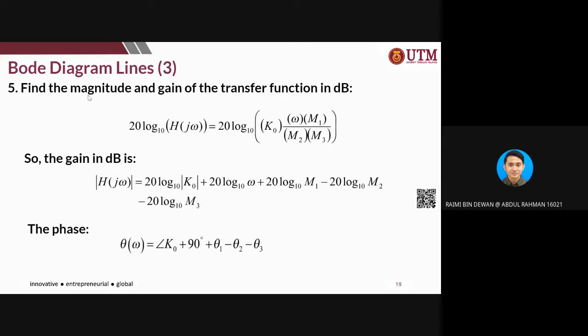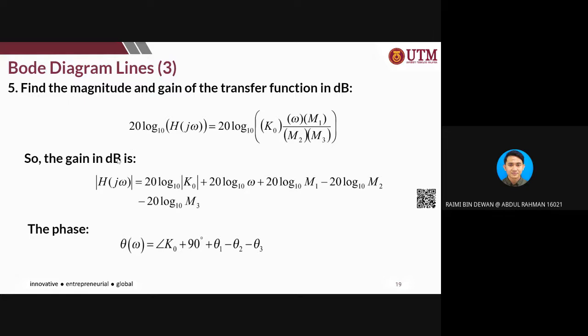Find the magnitude and gain of the transfer function in dB. So you have 20 log |H(j omega)| equals 20 log of the magnitude, this is the value in decibel. So K naught, omega, M1 over M2, M3.